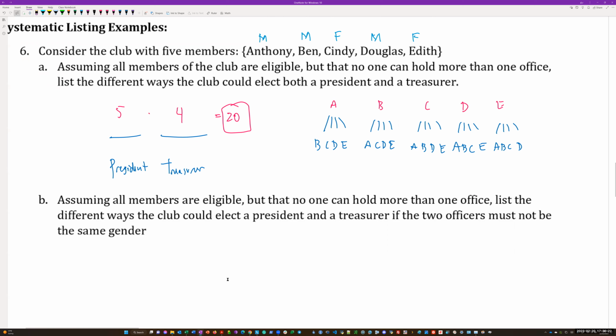So now what? Again, I don't want to really list them. I want to count them. Does that make sense? So how am I going to count the number of ways that the club could elect a president and treasurer if the officers must not be the same gender? There should be some way that you immediately start thinking about to break the problem down. Which two things do we have to count?